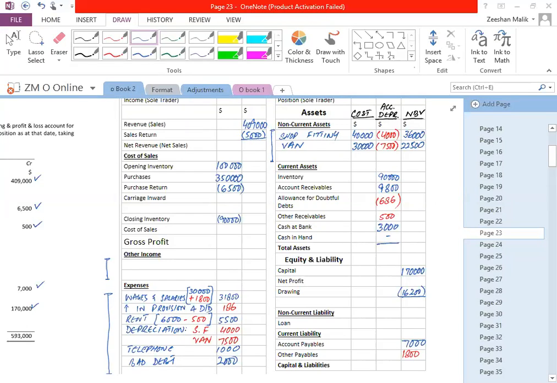Net sales. Sales में से sales return minus कर दें 404. Now perform these calculation. Put the cost of sales here. Calculators. Perform the calculation of cost of sales. 3,50,000.